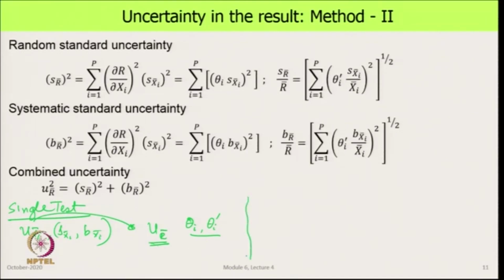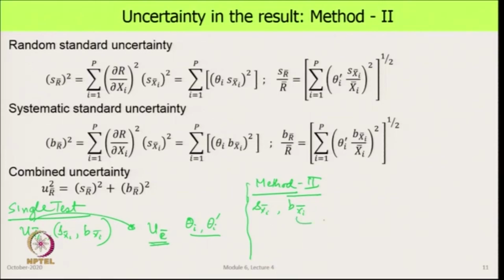What method 1 does not tell us is whether that uncertainty contribution that we are looking at is coming from systematic uncertainties in a measurement or random uncertainties, errors in a measurement. This is where method 2 is slightly different from method 1. What we do in method 2, we have first calculated Sxi bar and Bxi bar.